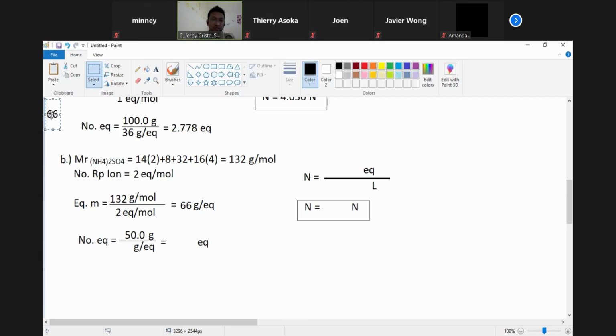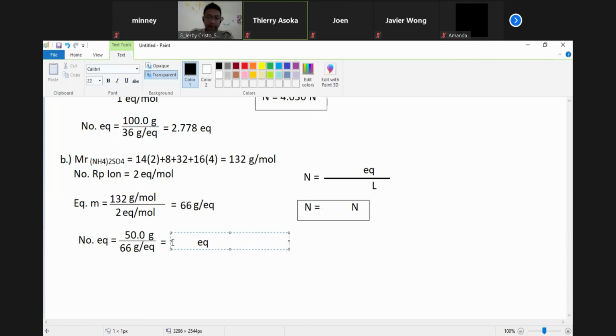So what is 50 divided by 66? 0.758. Did you get the same result? 0.758 equivalents.